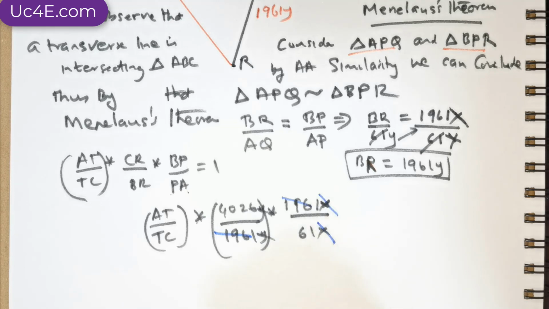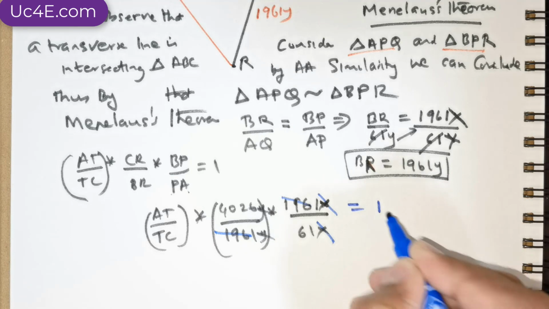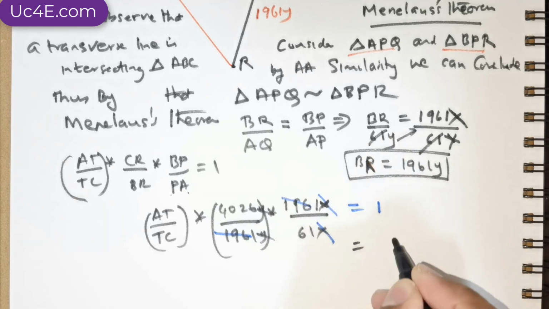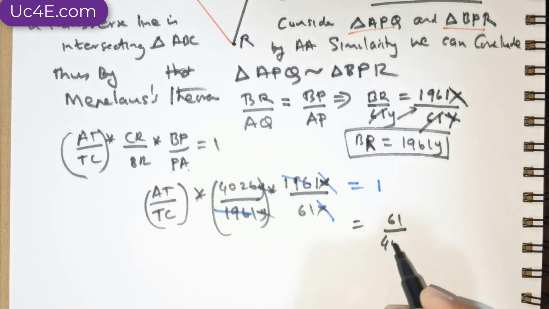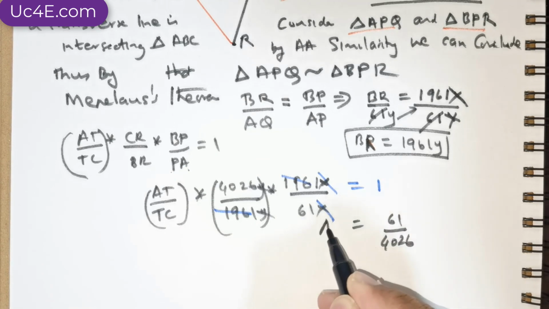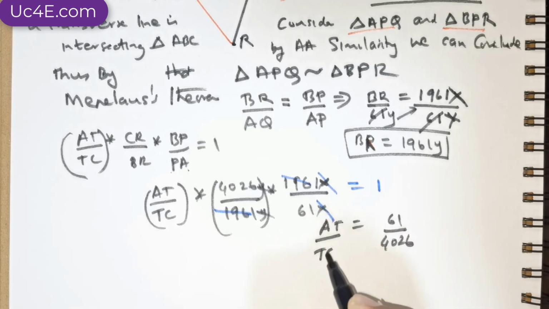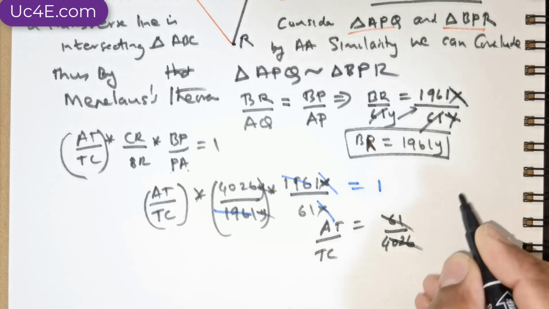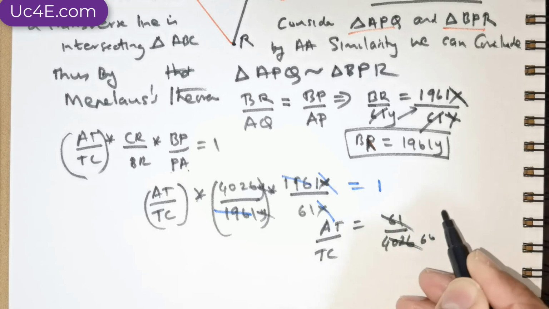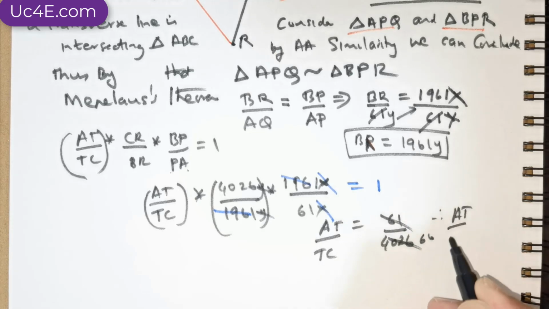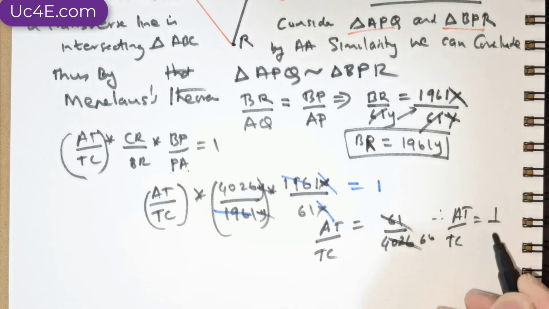We have got 4026 divided by 61 is equal to 1. So moving 61 to the right and pushing 4026 down, this is going to be AT divided by TC. Now 61 can divide 4026 66 times. So therefore we can write AT over TC is equal to 1 over 66.